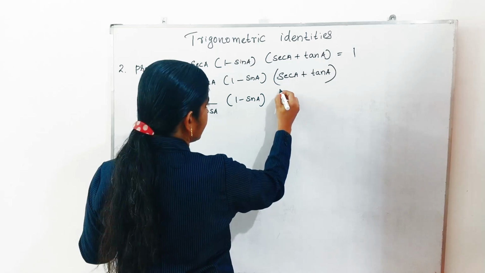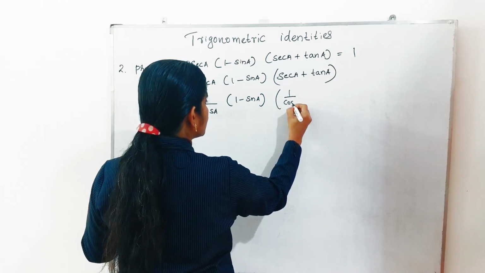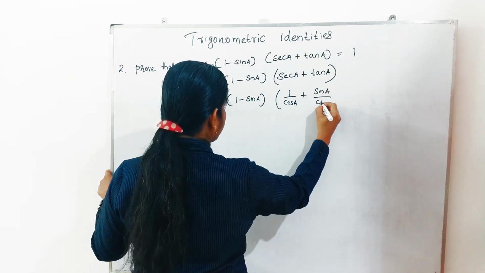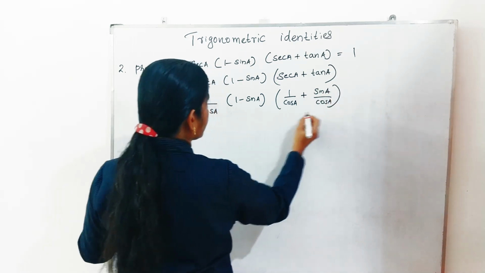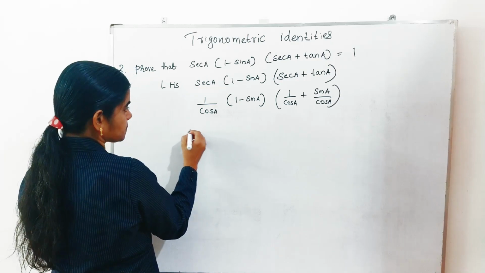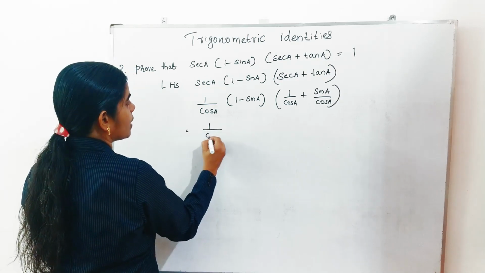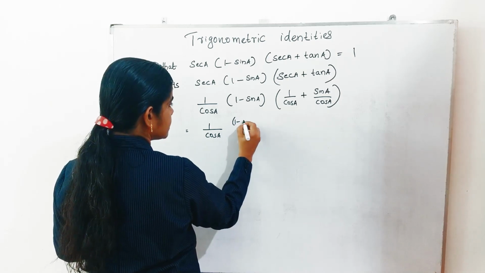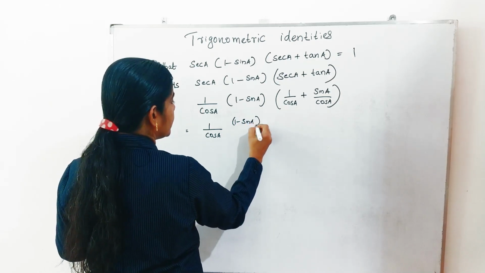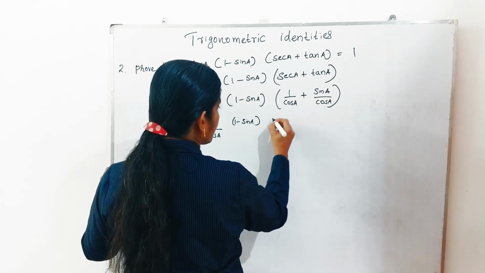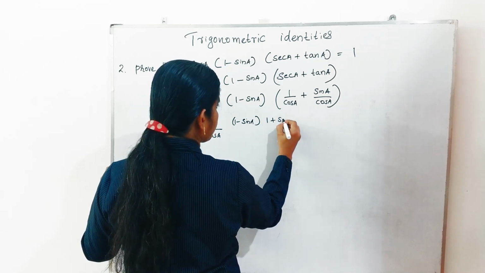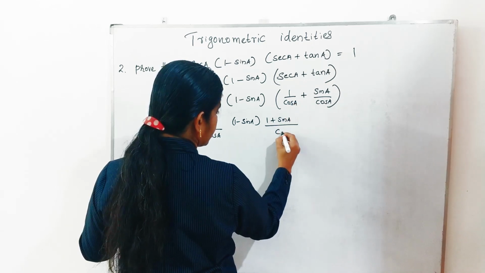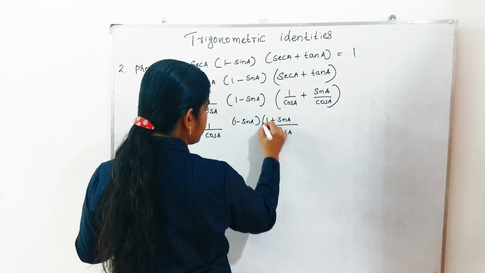Then sec A means again 1 by cos A plus sin A by cos A. This will be again 1 by cos A into 1 minus sin A into 1 plus sin A, because here the same denominator is cos A.